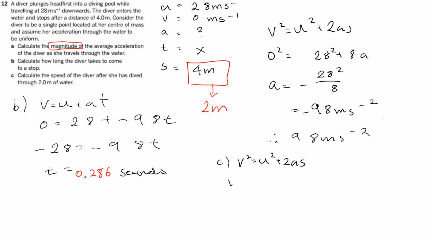We're trying to find V, so V is equal to the square root of 28 squared plus 2AS, so 2 times 98, well technically negative 98, times displacement, times 2, and that is equal to 19.8 meters per second.